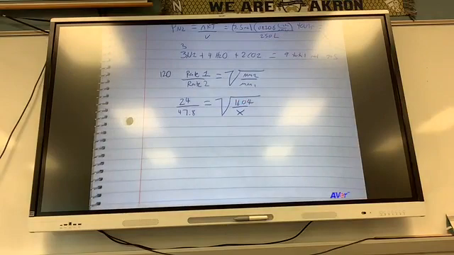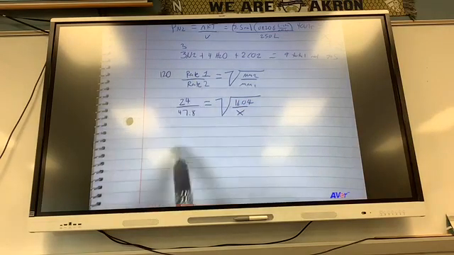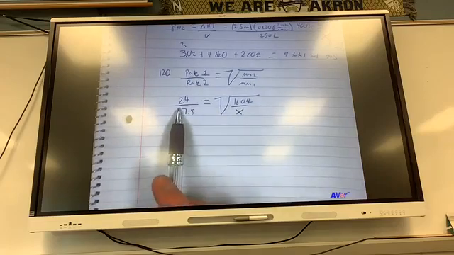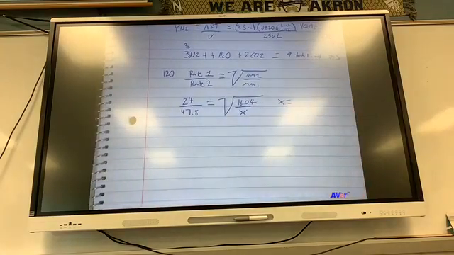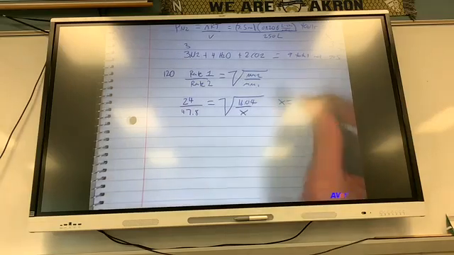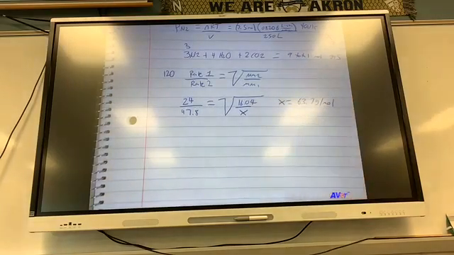Solve for x. Square both sides. So you got to divide this, you're going to square that, and then you should end up getting, for this one, 63.7. That's fine. So then you're just algebraing it out from there.